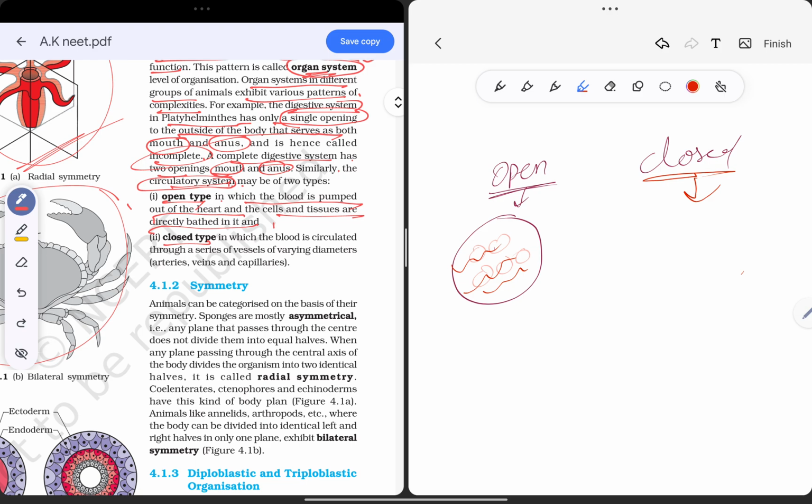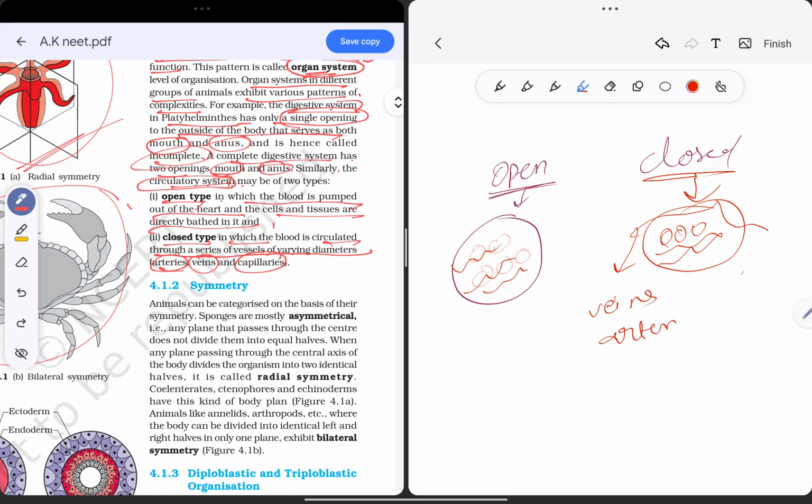But in the case of closed, the blood is circulated through a series of vessels of varying diameter, like arteries, veins, and capillaries. Here the organs will not be floating in the blood; the blood will be carried by veins, arteries, or capillaries.